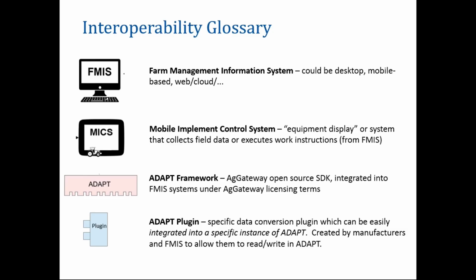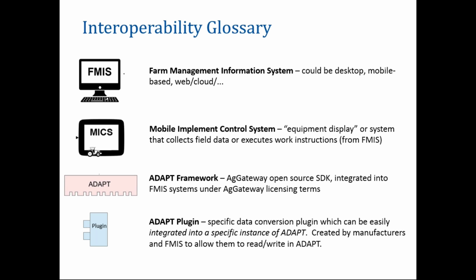So before I get into more detail, I wanted to make sure that I'm going to be using some terms and everyone understands. FMIS simply means Farm Management Information System, or a software as a service that farms might be using. MICS is simply the onboard computer or equipment display that might be in the farm equipment that we want to get the data from.